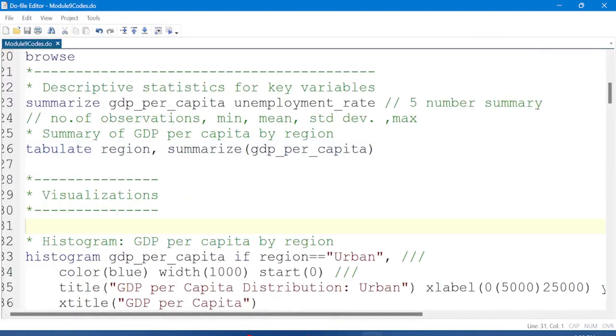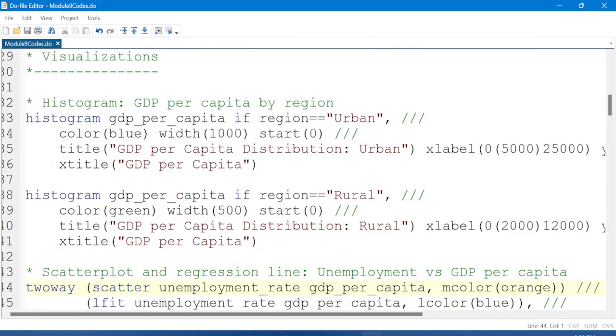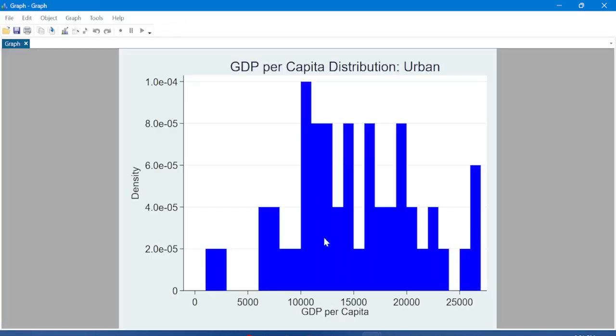We can do some visualization, like coming up with the histogram of GDP per capita for urban guys, and it will take some time to plot. This is the representation of GDP of the residents who stay in urban areas.